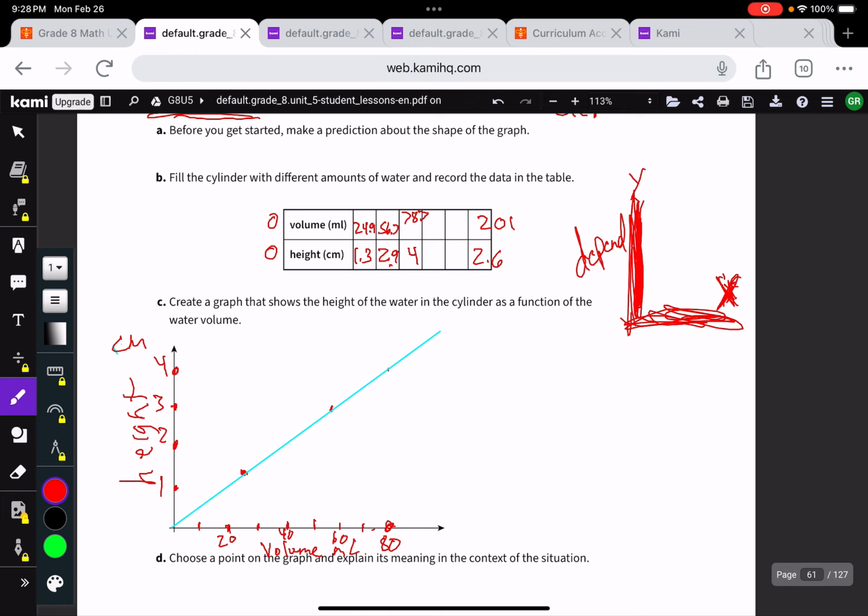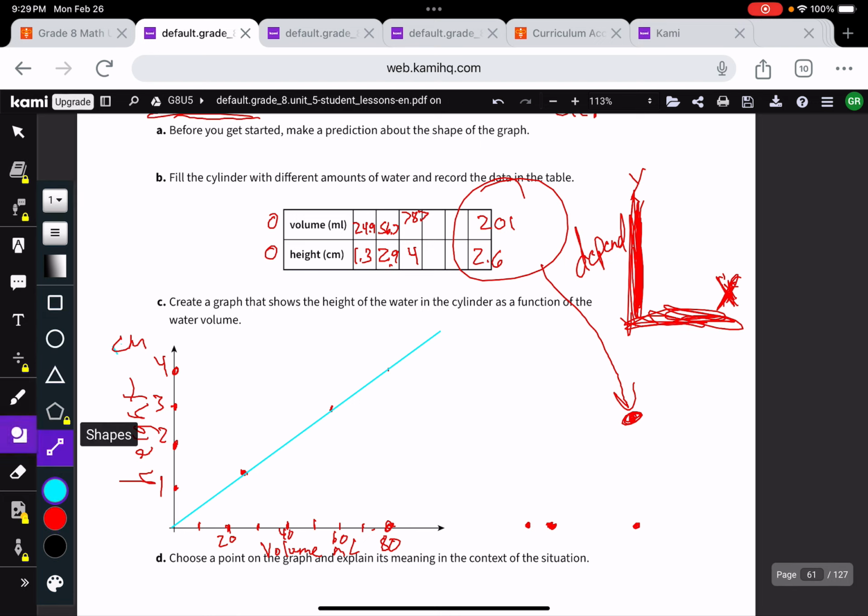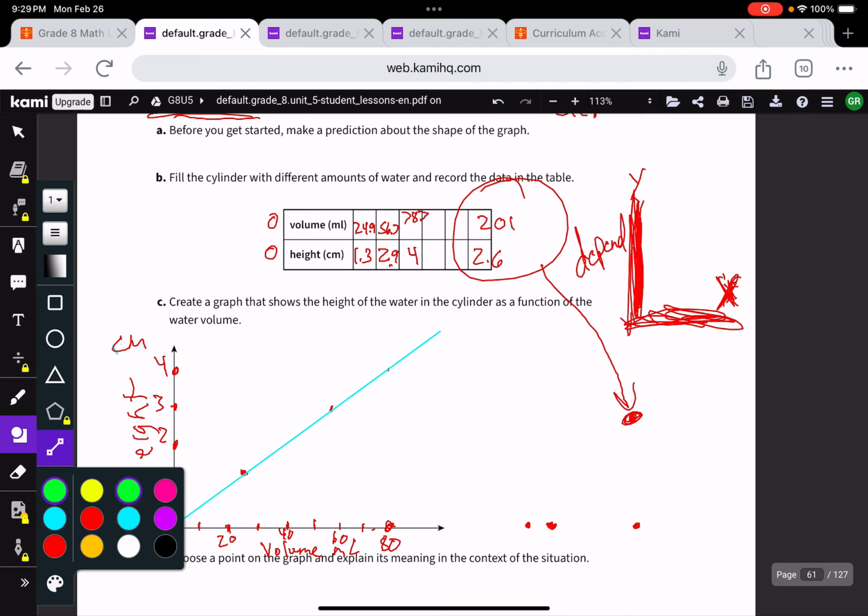If this is 80, 160 would be double, which means 200 is somewhere over here and 2.6 is somewhere up here. Guess what? I just graphed this point right here, give or take. I'm just estimating. We don't need to be exact for the point of this activity, and I graph this in a different color.